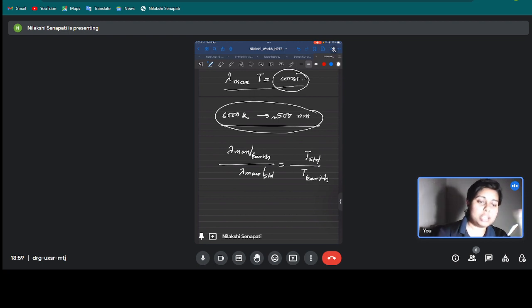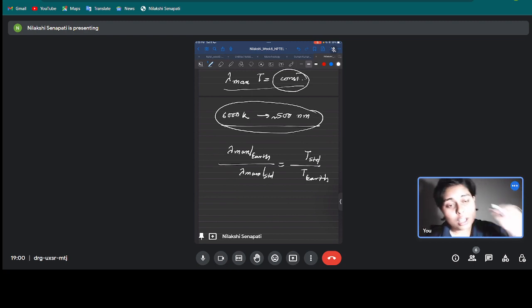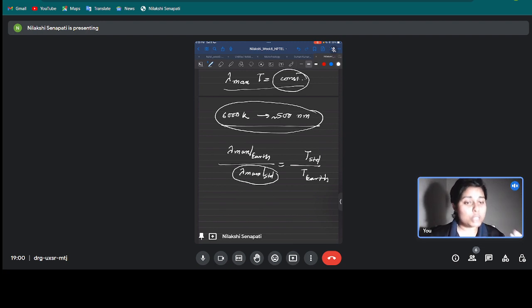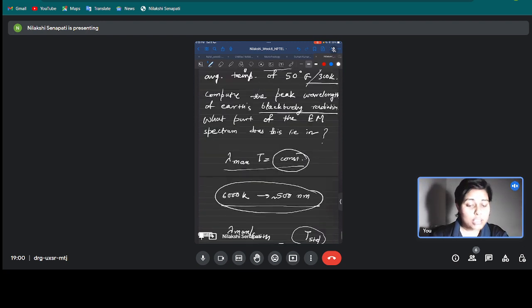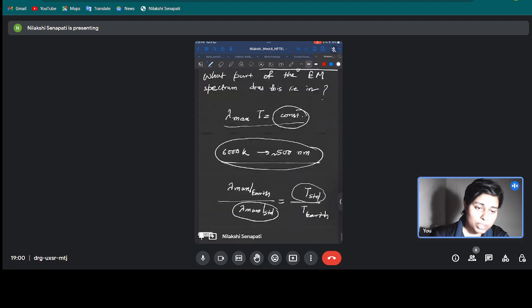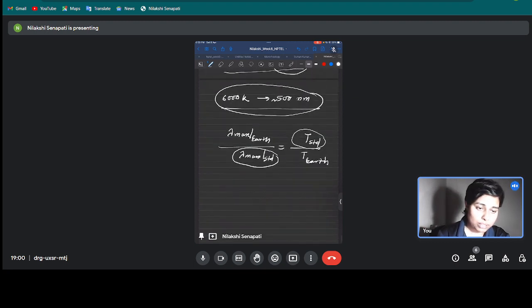If you have this kind of standard thing, you need to consider it, like luminosity of sun, radius of sun, 1 AU, 1 light year. In this case, the radiation of 500 nanometer wavelength at 6,000 Kelvin is also a standard thing that we consider. Like 300 Kelvin we always consider as room temperature for any experimental perspective.